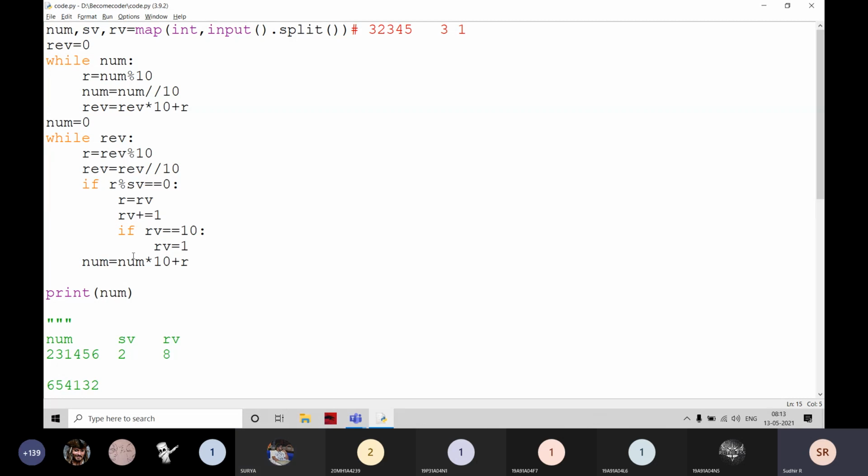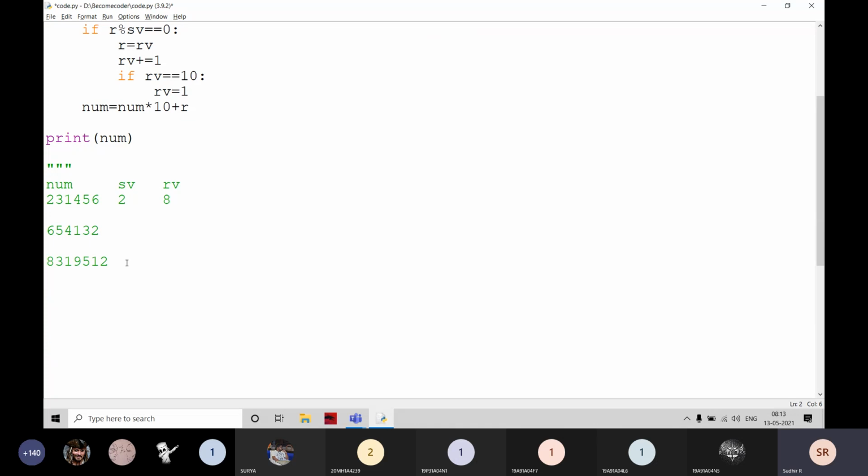I will dry run it with an example. For example, this is going to be 2 and 8 and 9. Okay. Now REV is equal to 0. Just try to understand, and you also practice how a dry run works.